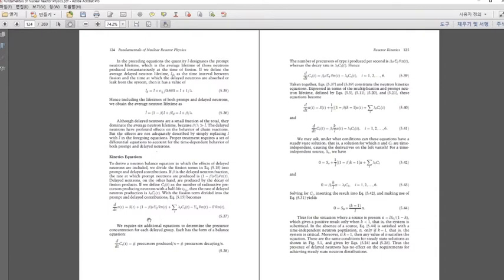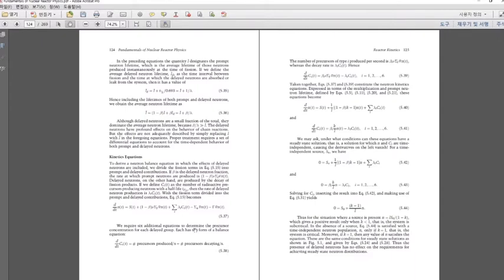If we briefly review the kinetic equations with consideration of delayed neutrons, the change of neutron population is given by the external neutron source, the prompt fission neutrons, and the delayed neutrons.